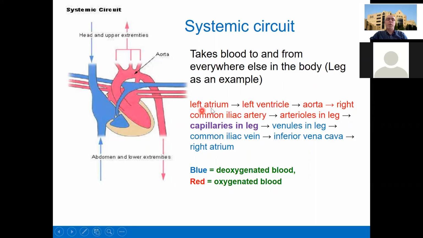It starts from the left atrium, comes into the left ventricle, and is then spread to our body through the aorta, the common iliac artery, arterioles, and capillaries in order to transfer nutrients and oxygen to our body.